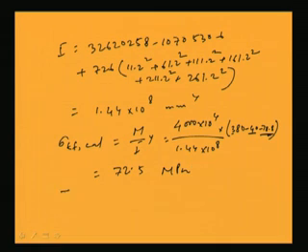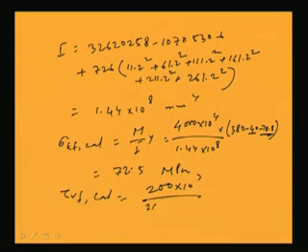Other thing is tau Vf calculated. This will become basically the total force, 200 kilonewton, by number, which is 2 into 7, into area, which is pi by 4 into d square, that means this is coming 39.3 MPa.